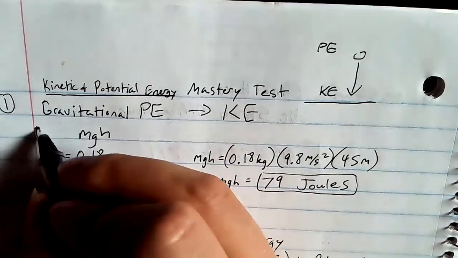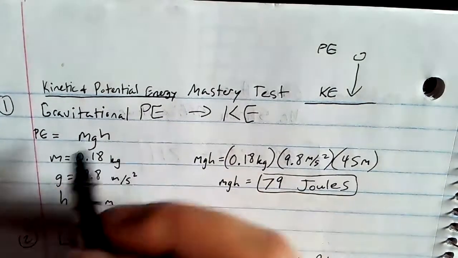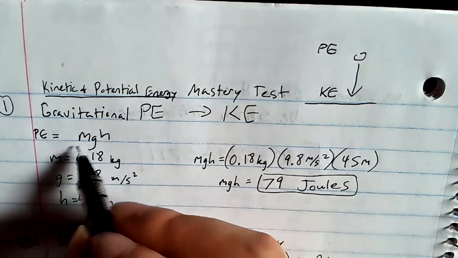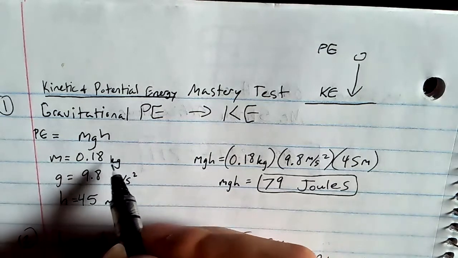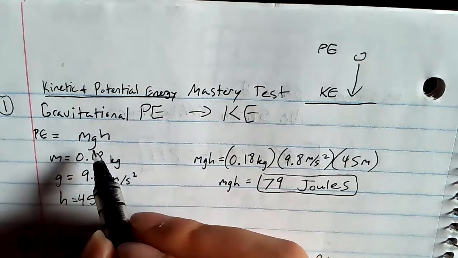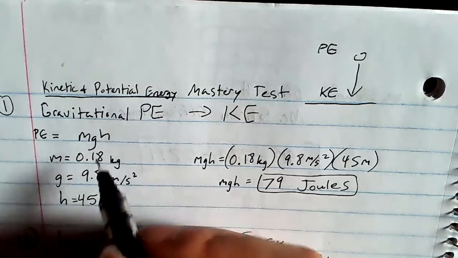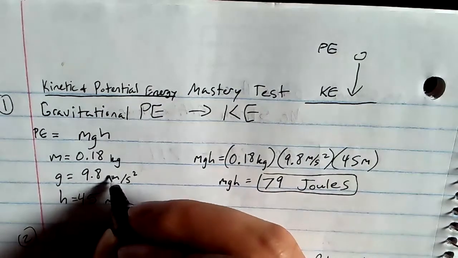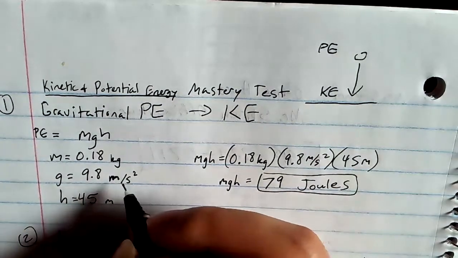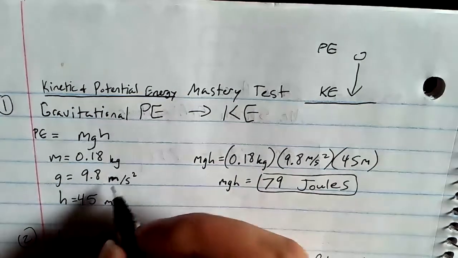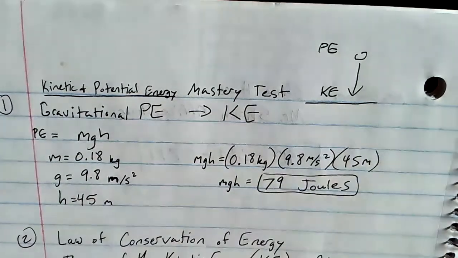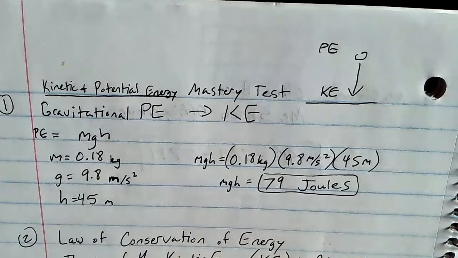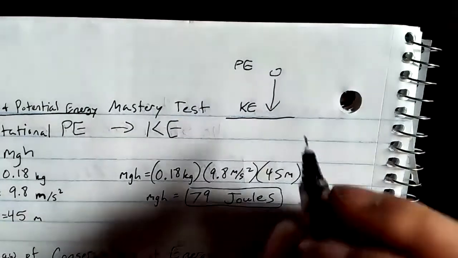The equation for potential energy is mgh: the mass, which is 0.18 kilograms, times the acceleration due to gravity, which is 9.8 meters per second squared, and the height, which is 45 meters off the ground, right?